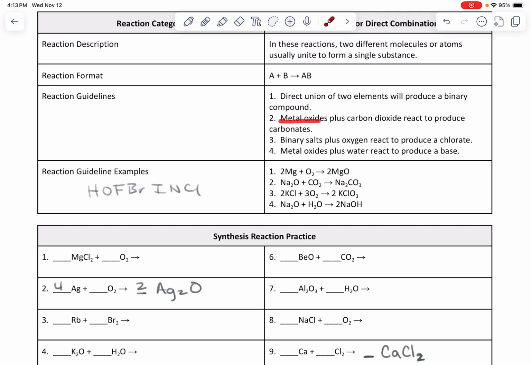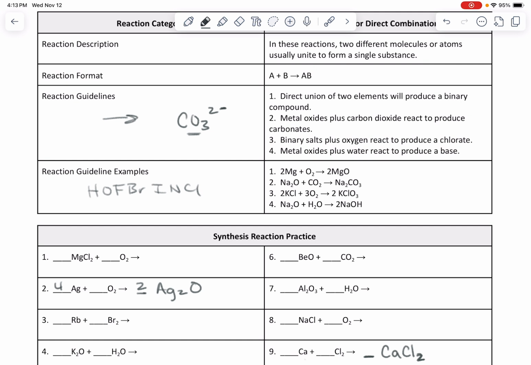So we will have a metal oxide plus carbon dioxide being the other reactant. Then they are going to react to produce a carbonate. Now, when we think about carbonates, we know the formula is CO3, 2 minus. So our product, on this side of the arrow, the anion of our product is going to be a carbonate.